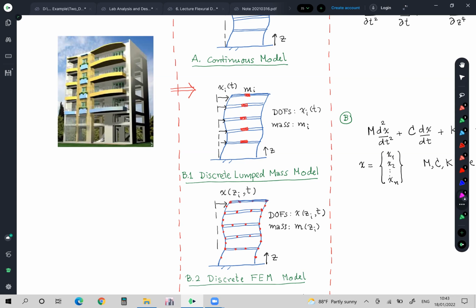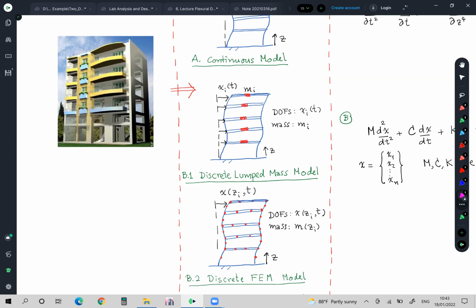I cannot know because my degree of freedom does not describe the movement in between the floors. I only know the movement at the floor level in this case.